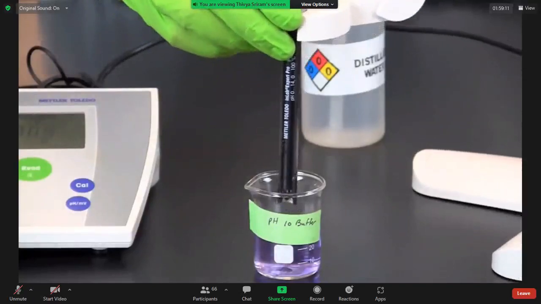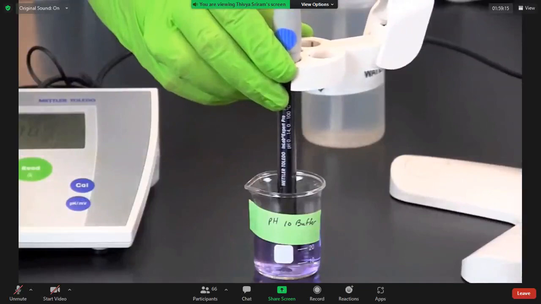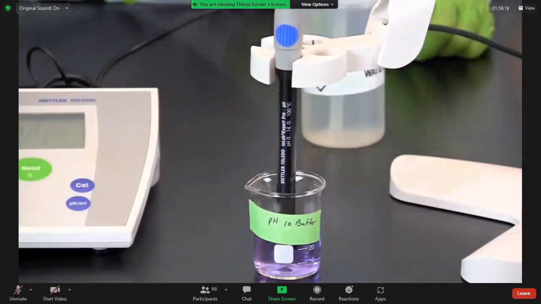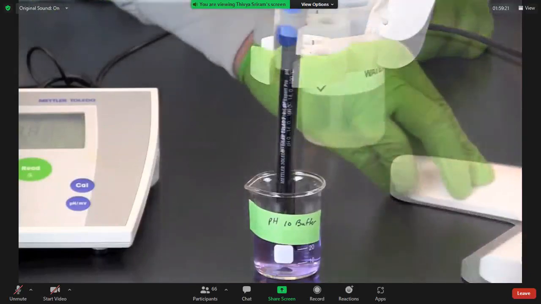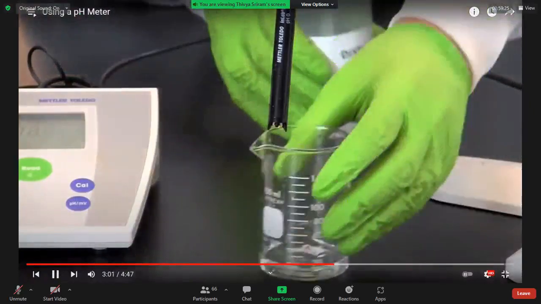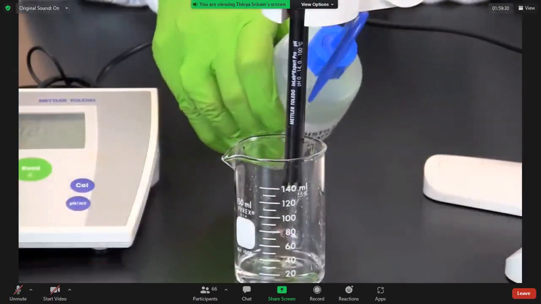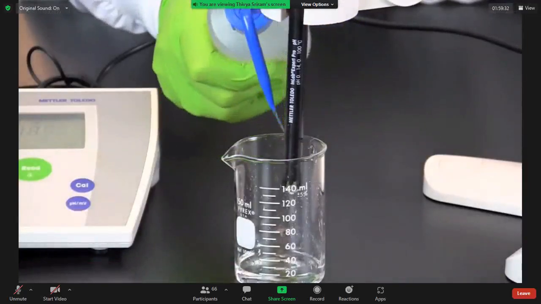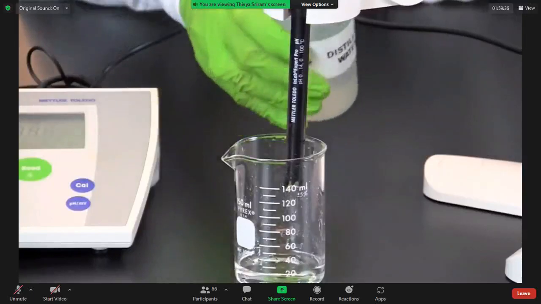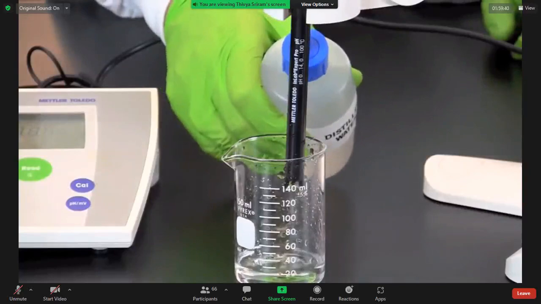You will then calibrate the final standard with a pH of 10. When the pH 10 standard has been calibrated, rinse off the electrode with distilled water. pH meters must be calibrated each time to ensure the accuracy of measurements. Using the 3 different pH standards for calibration provides for a wide range of accuracy.